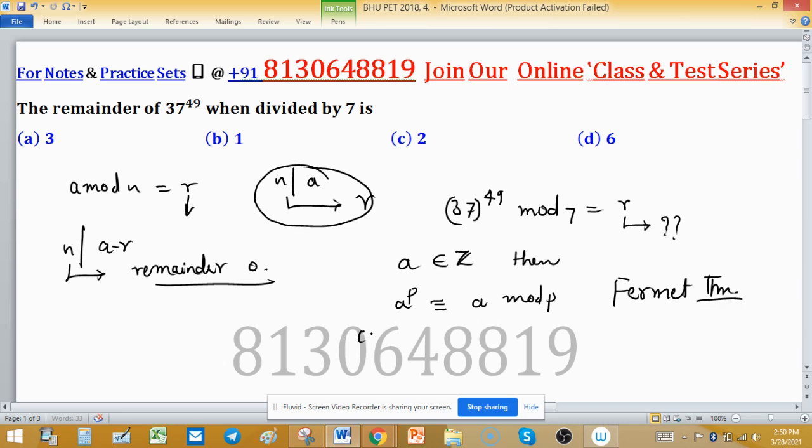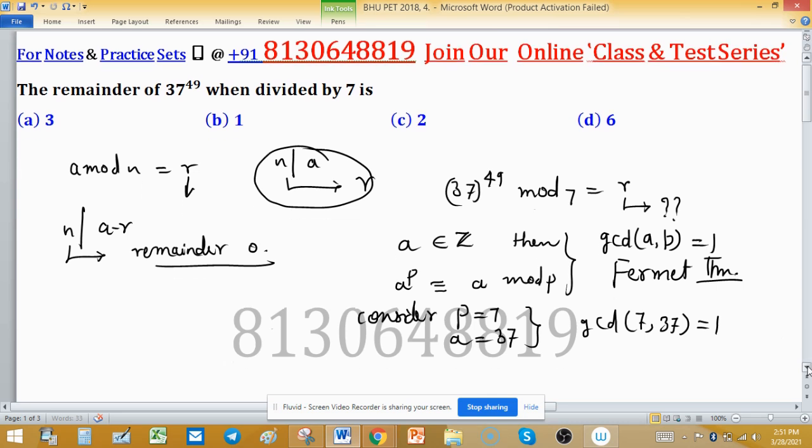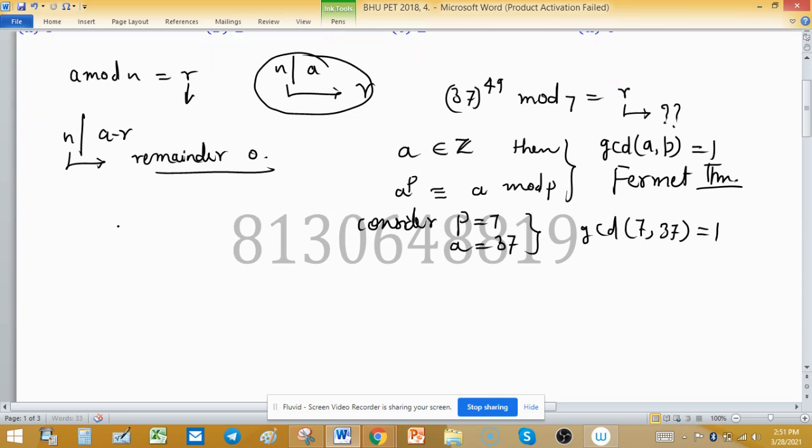So consider p is 7 and the value of a is 37. Also, the condition that must be applicable here is that the GCD of a and p must be 1. The GCD of 7 and 37 is 1, so we can apply Fermat's theorem here.